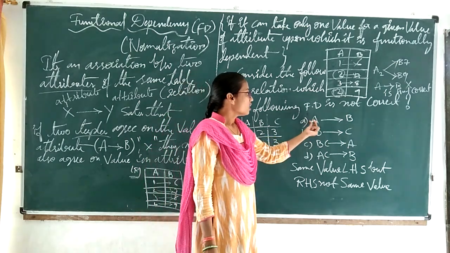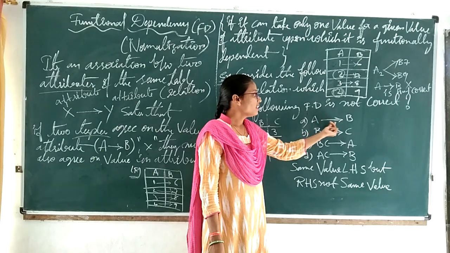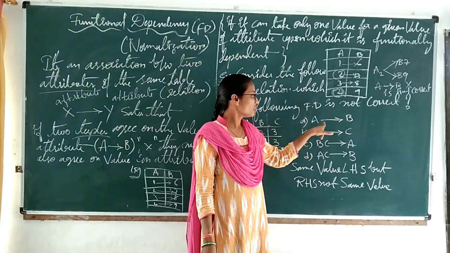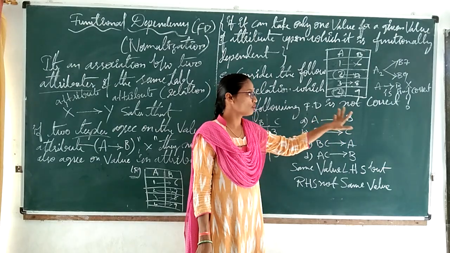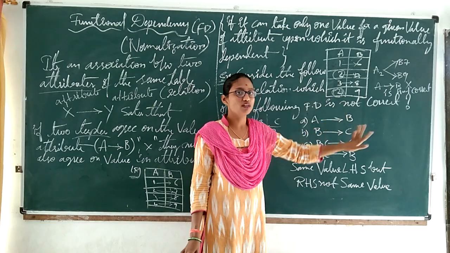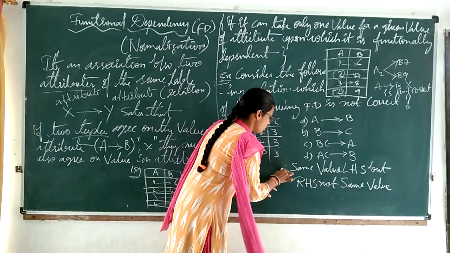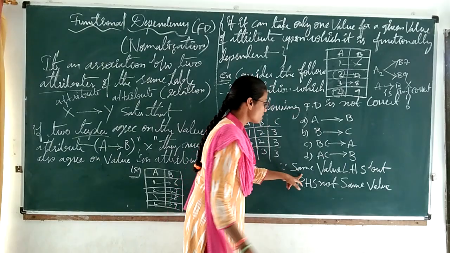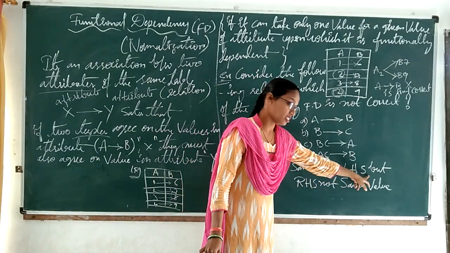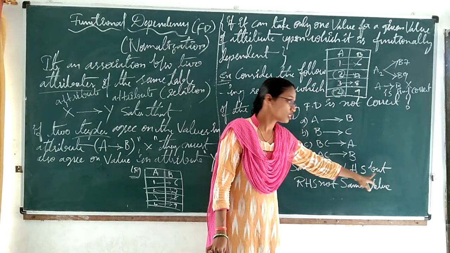The first condition is A determines B. First I am checking whether it is a functional dependency or not. Note that the same value on the LHS must give the same value on the RHS.